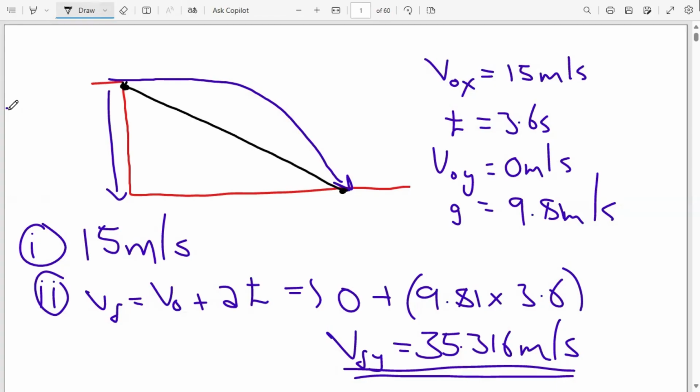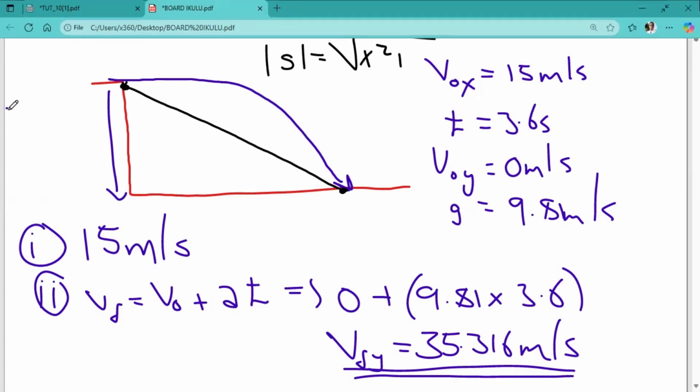And in order for us to find it, we're supposed to use the formula for calculating the magnitude of a vector, which means maximum displacement will be equal to the square root of x squared plus y squared, of which x is the horizontal displacement, whilst y is the vertical displacement.